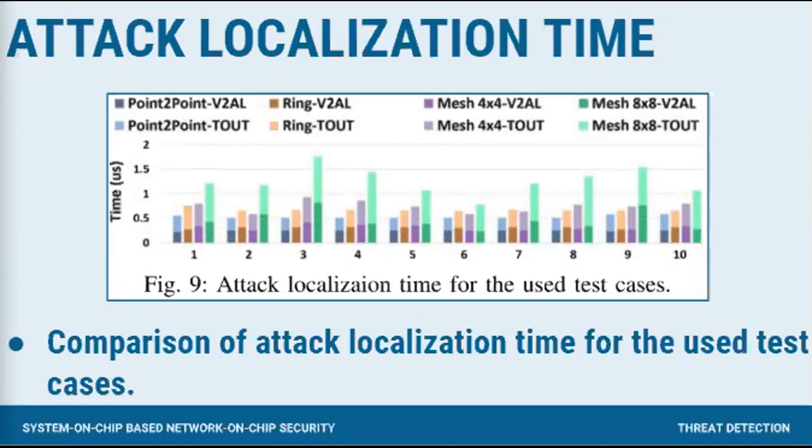Maybe we can test with synthetic traffic, which is traffic we create ourselves to check whether something is working. We can also use different application mappings, as I mentioned previously. So different test cases from different domains should be used to check whether this is applicable or not. In this scenario, they have done it for 10 test cases and found that it works for all the test cases in all four topologies as well.